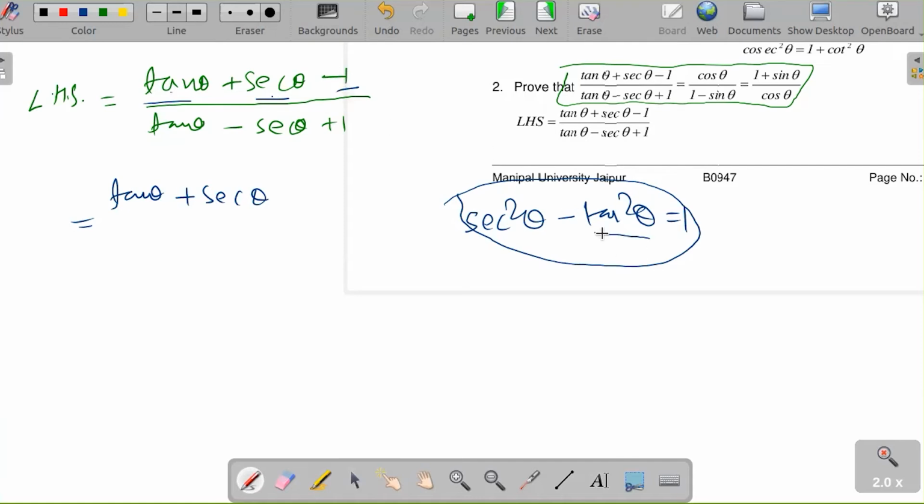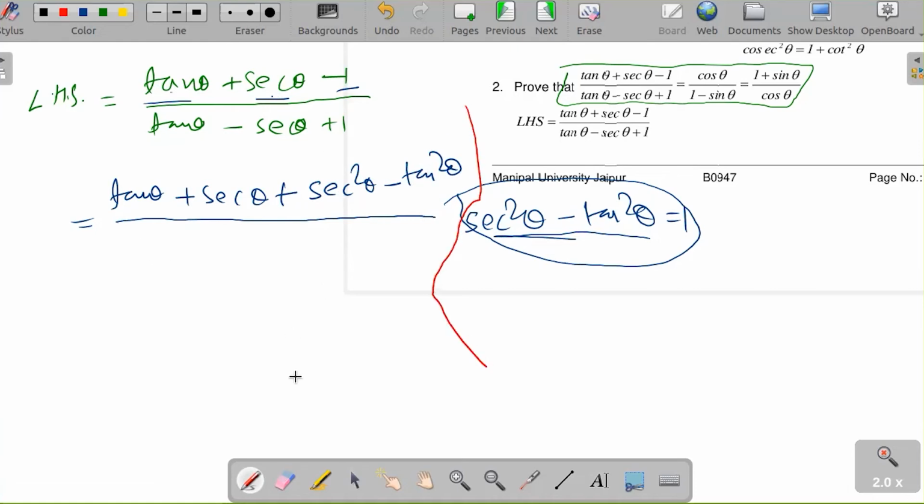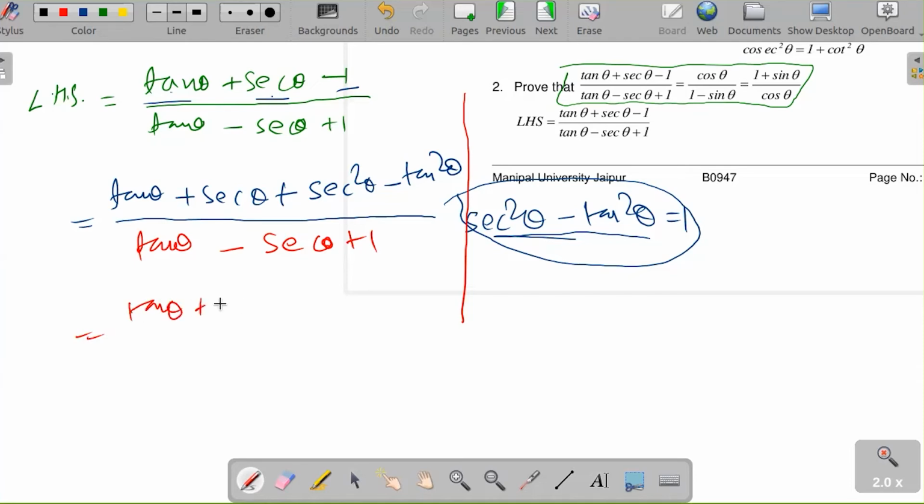Instead of 1, we can write sec square theta minus tan square theta, whole divided by tan theta minus sec theta plus 1. So tan theta plus sec theta, keep it like that.